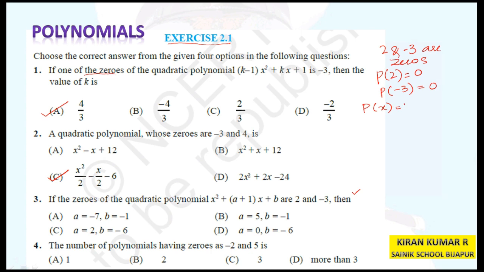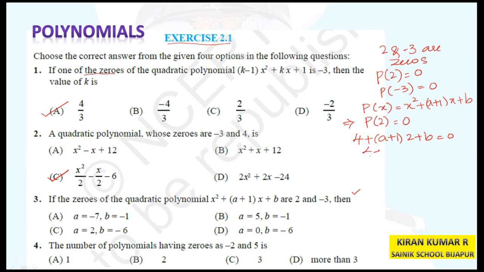The given polynomial is p of x equals x square plus (a plus 1) times x plus b. Let us substitute the value of x as 2 and equate it to 0. We will be getting 2 square, which is 4, plus (a plus 1) times 2 plus b equal to 0.